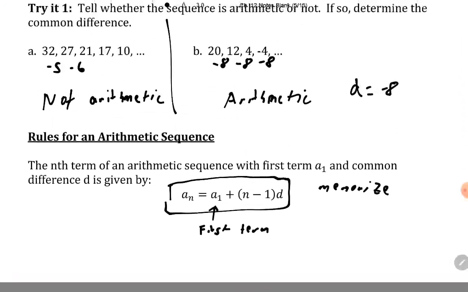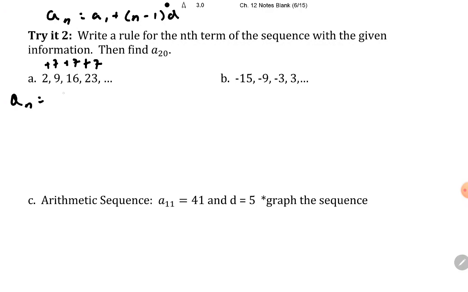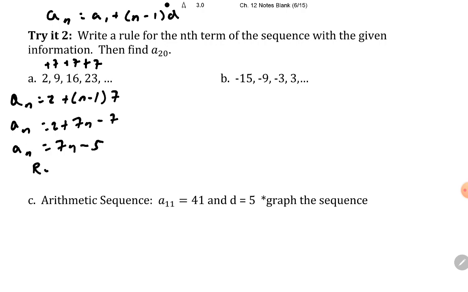A sub 1 is our first term, which is 2, plus n minus 1 times d, which is 7. Then we clean it up a little bit. A sub n equals 2, distribute the 7, so plus 7n minus 7. So my rule is 7n minus 5.